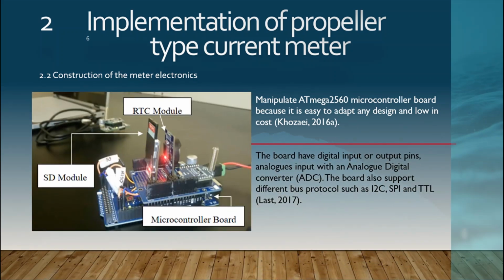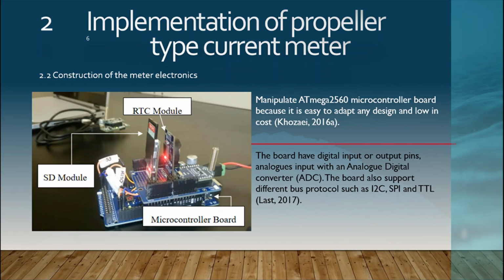In construction of the meter electronics, I used the ATmega 256 microcontroller board because it is easy to adapt in any design and low cost. The board has digital input and analog input as well as an analog to digital converter, ADC.